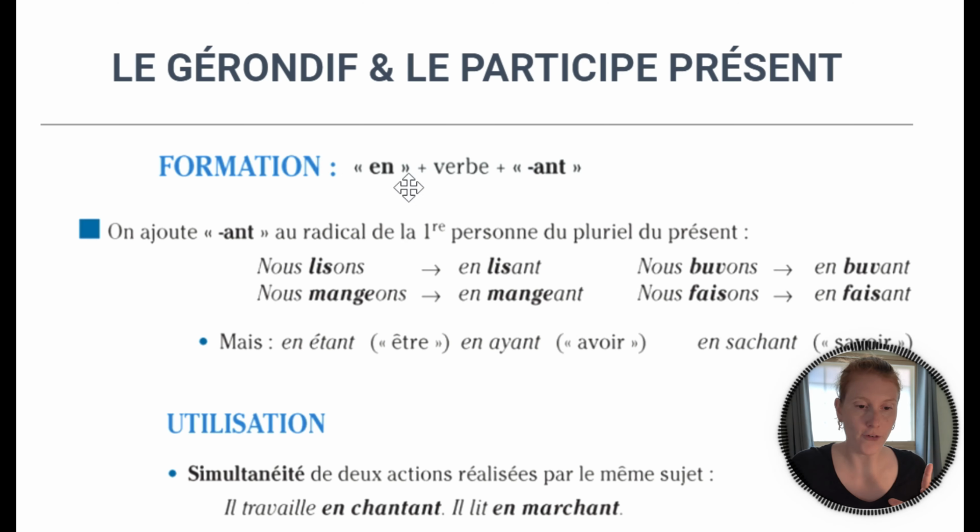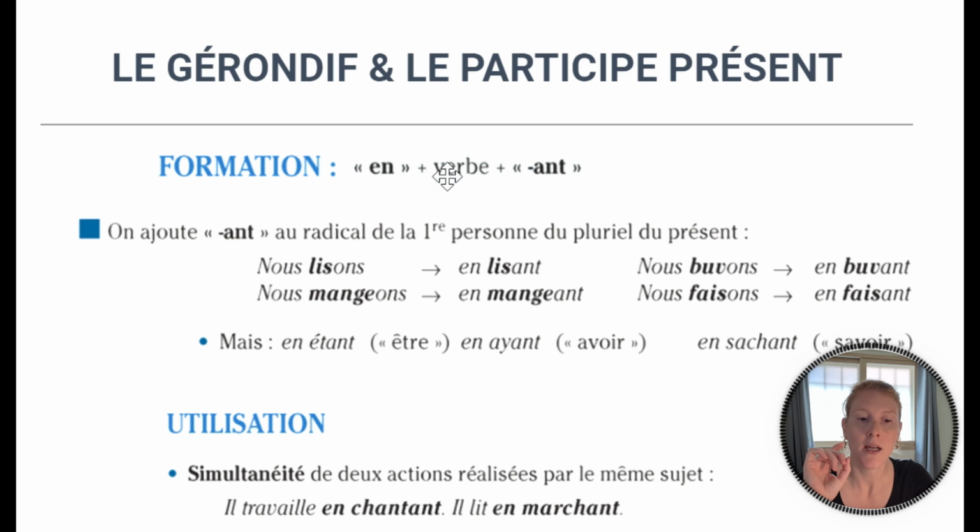This is as follows. First of all, you need the preposition en, okay, followed by the verb, and the verb has a specific ending which is ANT, same pronunciation in both cases, but a bit different writing, okay?